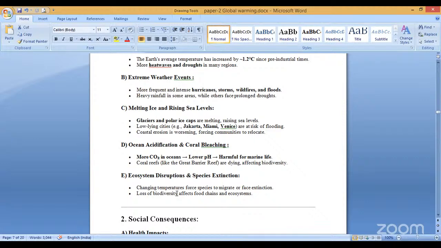Then the next one is species extinction. Changing temperatures force species to migrate, leading to extinctions and loss of biodiversity, affecting food chains and ecosystems.